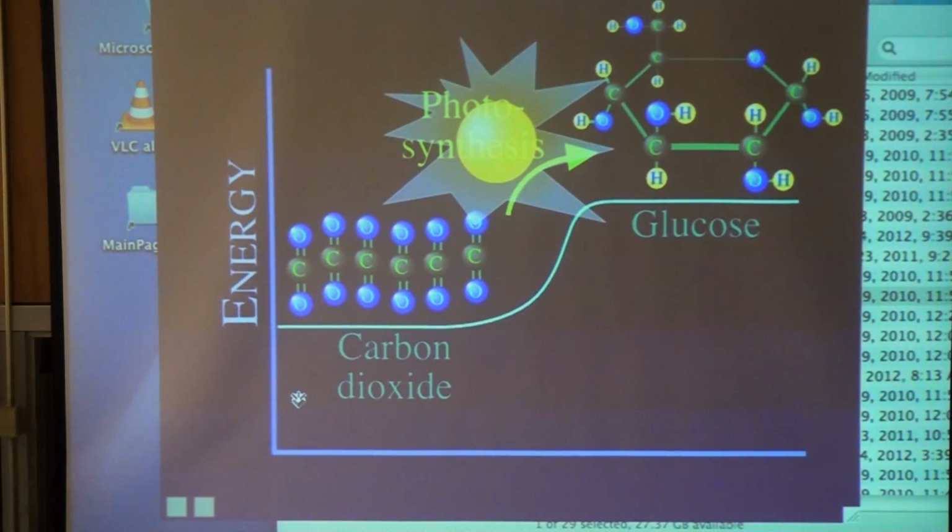And let's see, that brings us to this next concept, if I can find the overhead. So the whole point of all this was how do cells store up potential energy, and what you see here is essentially one way of doing that. Cells can store up potential energy by making organic molecules with many reduced carbons.